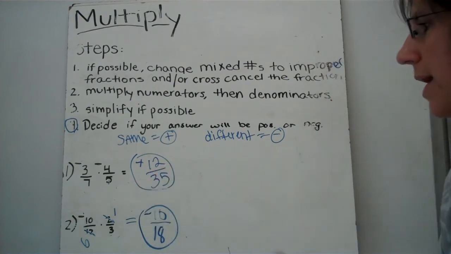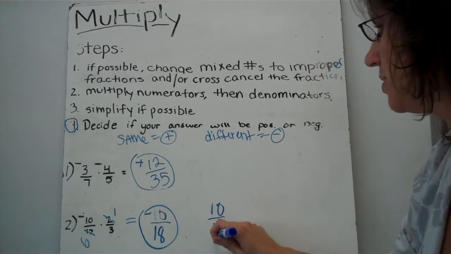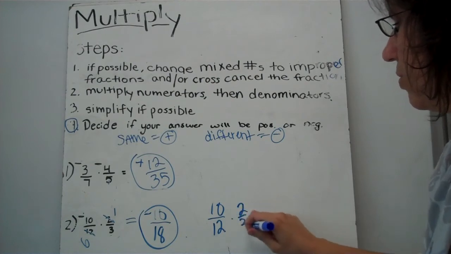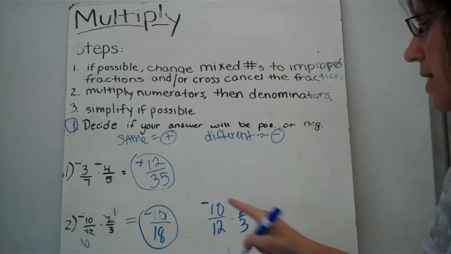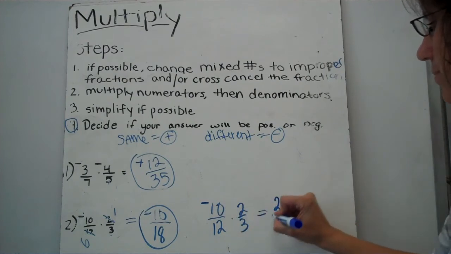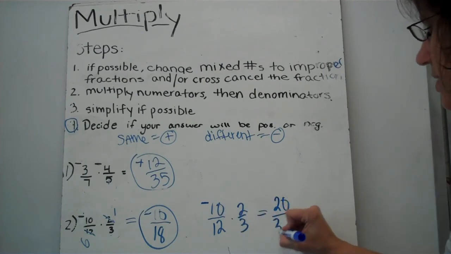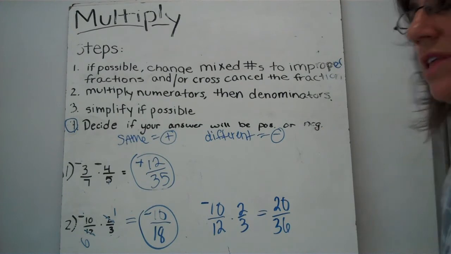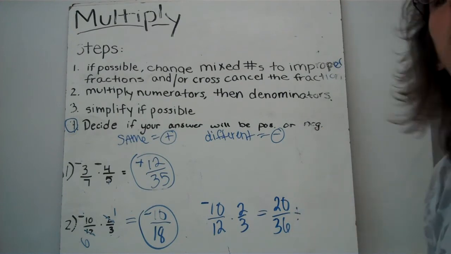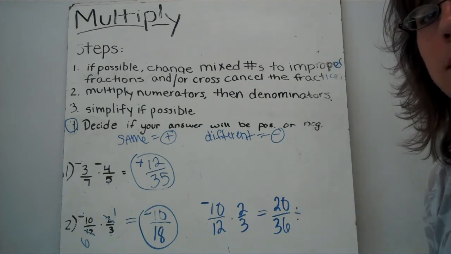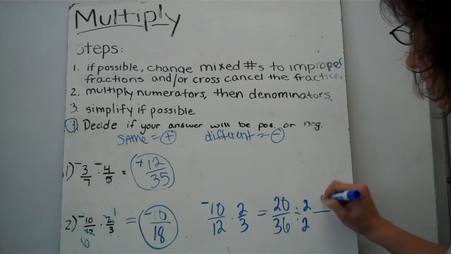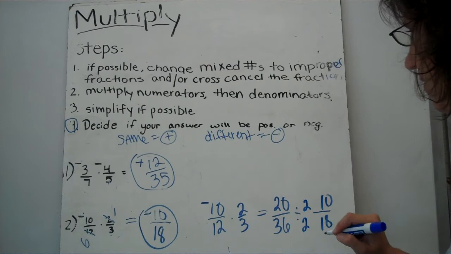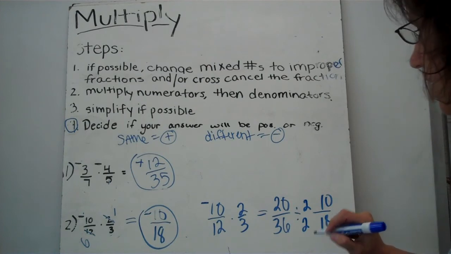Negative. Good. Now, if you do not like to cross-simplify or it's confusing to you, you do not have to do it. 10 times 2 is 20. 12 times 3 is 36. Reduce that fraction. What goes into 20 and 36? 2, right? Oh, we can do it again, can't we?